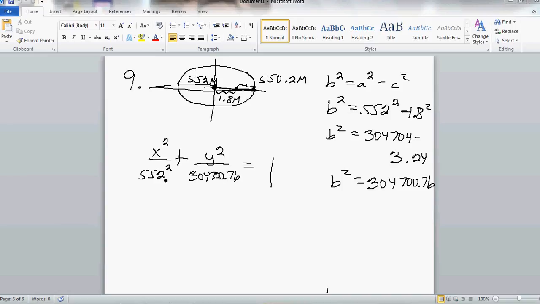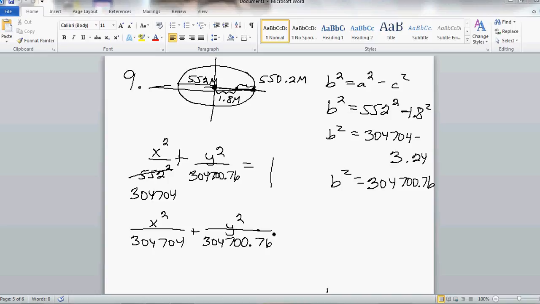And of course 552 squared is already 304,704. And so the final answer is x squared over 304,704 plus y squared over 304,700.76 equals 1. And that is the answer for number 9.